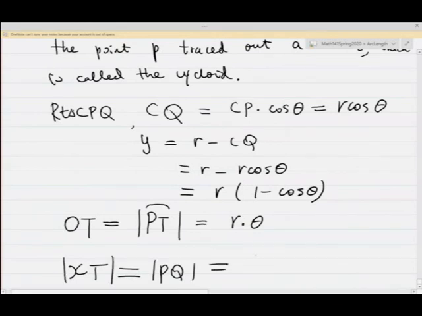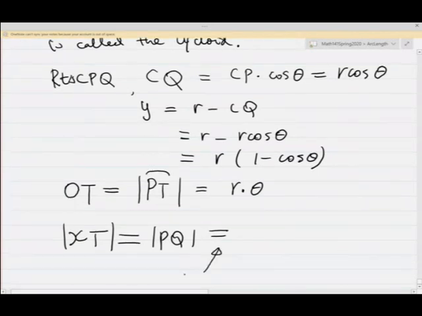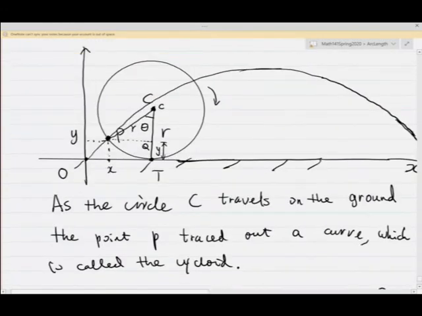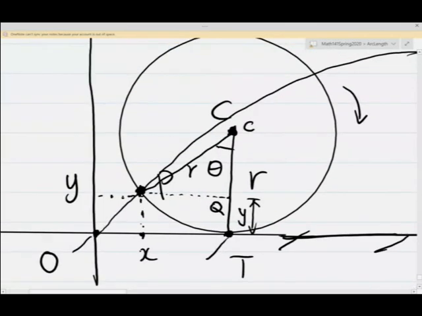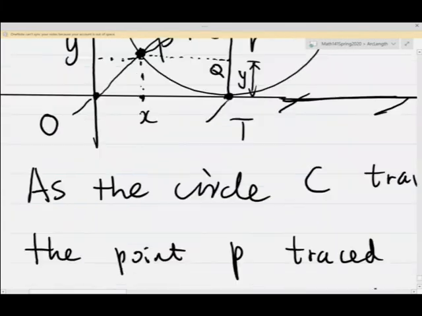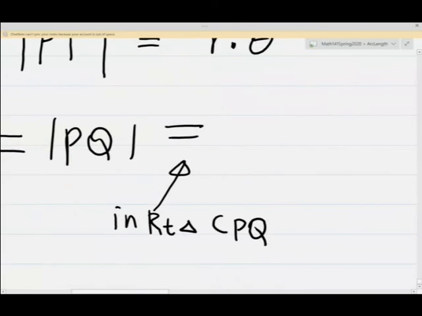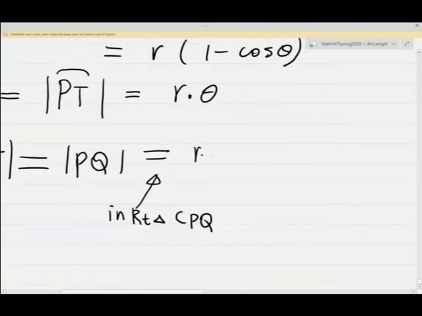We can solve PQ in the right triangle CPQ: you know the hypotenuse, and you know the opposite angle, so you can easily solve by solving the triangle. This is R times sin theta.